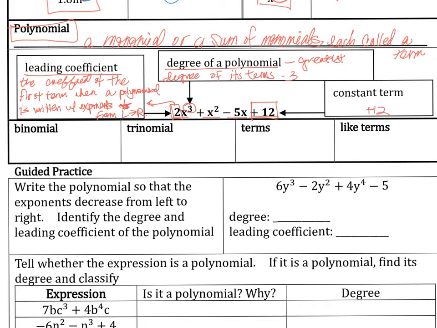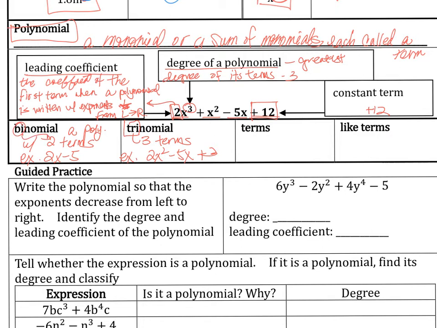Now, a binomial is a polynomial with 2 terms, such as 2x minus 5. A trinomial has 3 terms. So tri means 3, bi means 2.